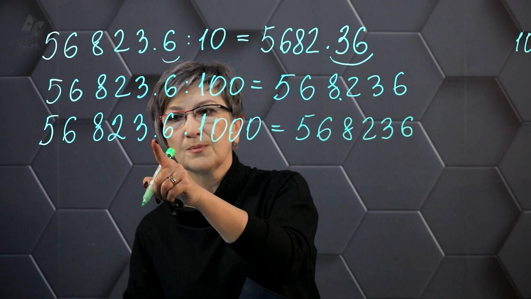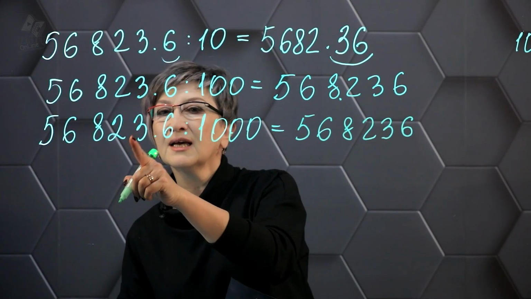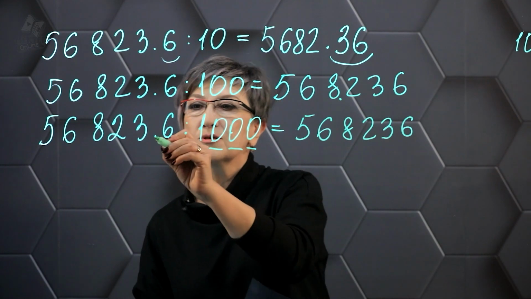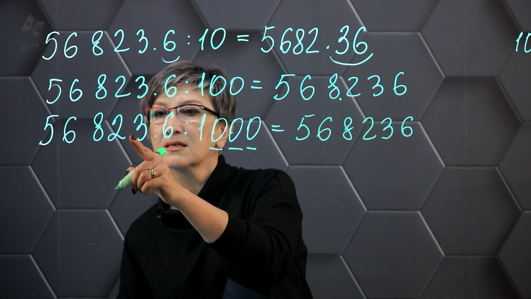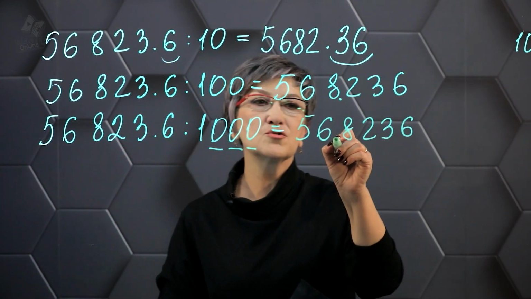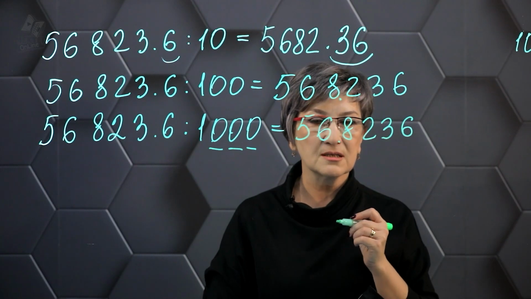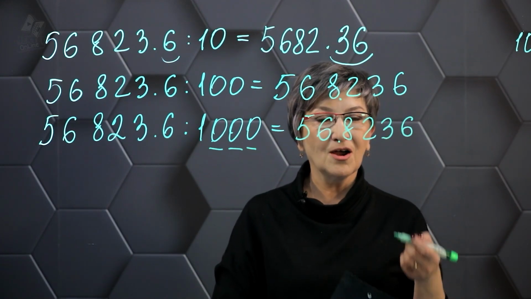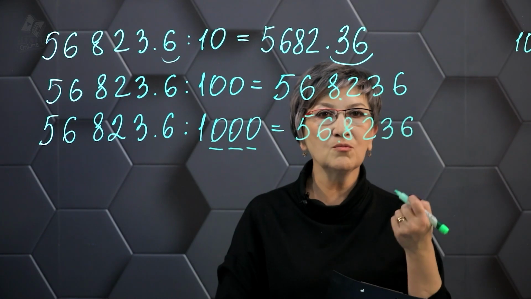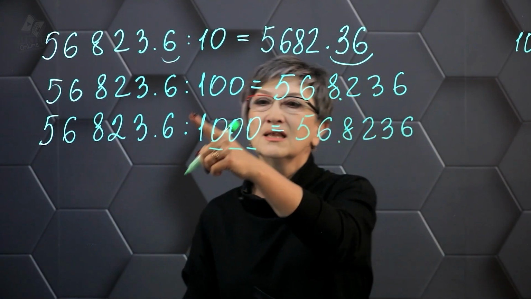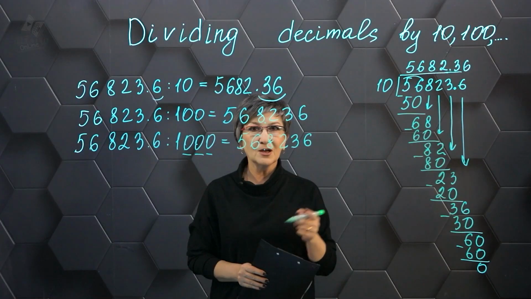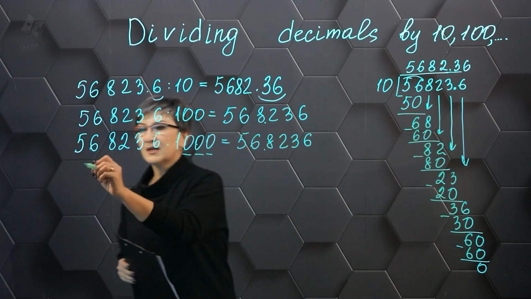Therefore, my decimal point will move to the left 3 digits. 1, 2, 3. And the result will be 56.8236. That's the kind of easy rule you can apply when dividing by a number that contains ones and zeros.